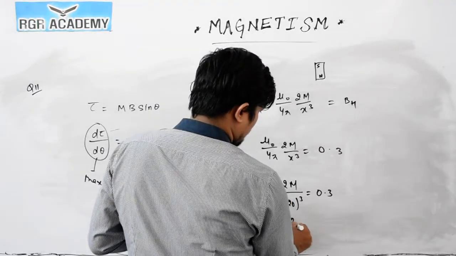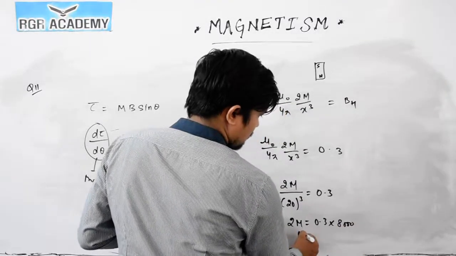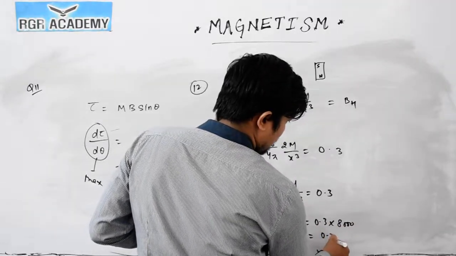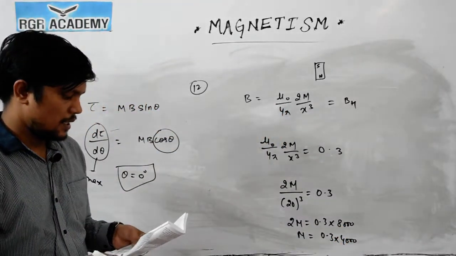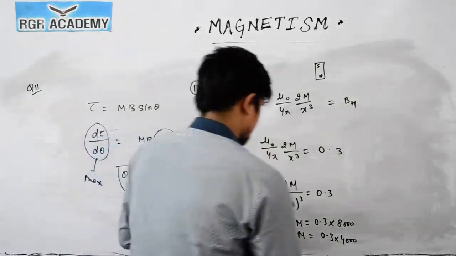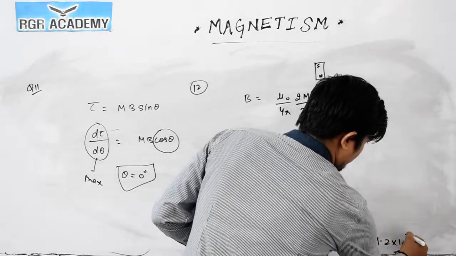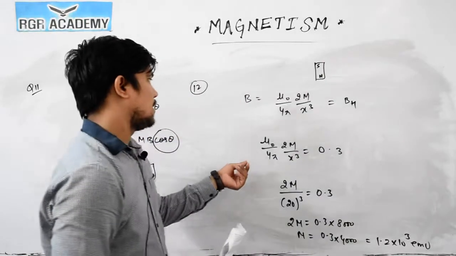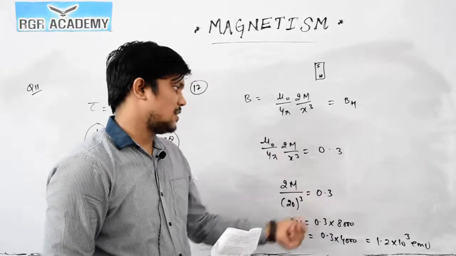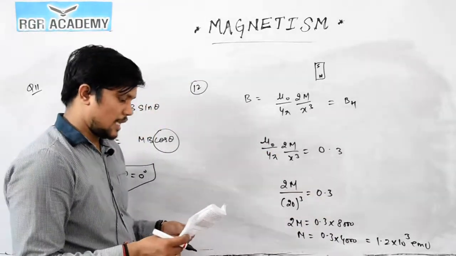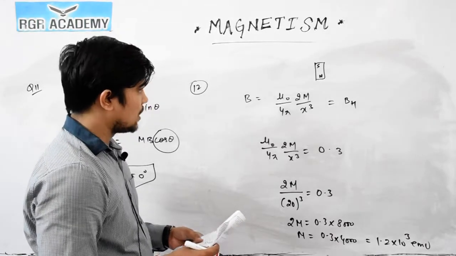So 2m should be equal to 0.3 into 8000, so m will be 0.3 into 4000. How much will we get? It will be 1.2 into 10 to the power 3 in EMU. Directly we can say 2m by x cube equals 0.3, so that will come in EMU. The correct option for this question is option number 3, 1.2 into 10 to the power 3. Clear?